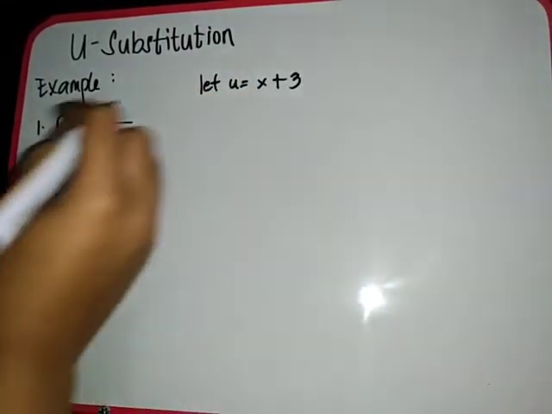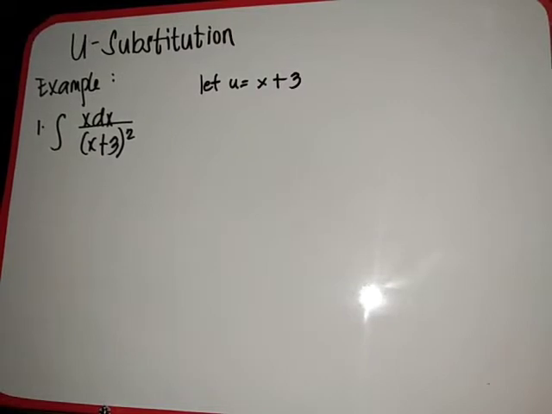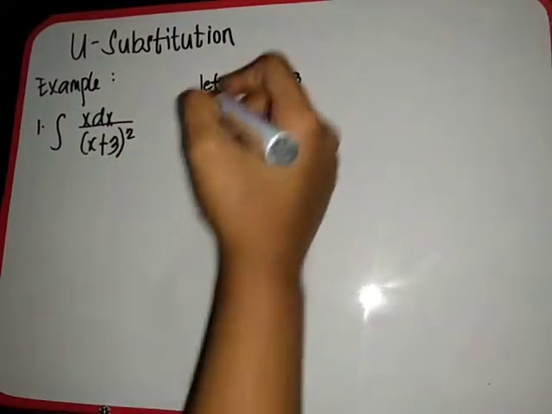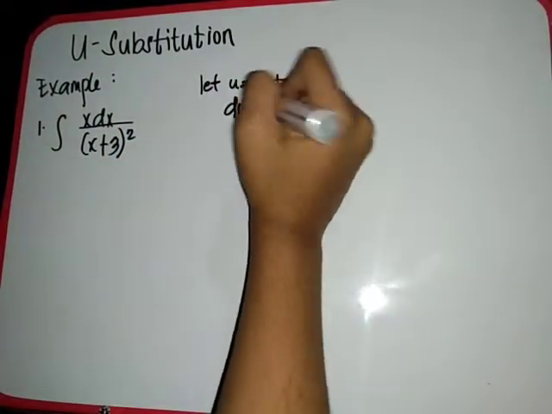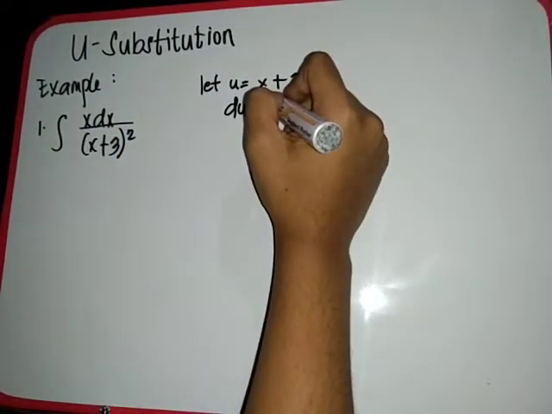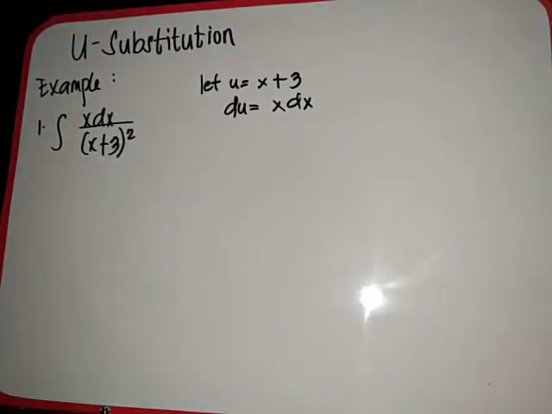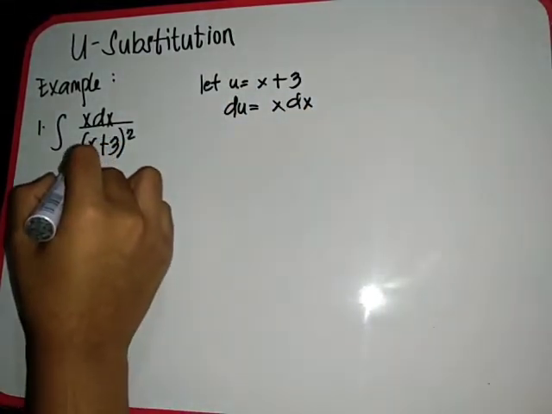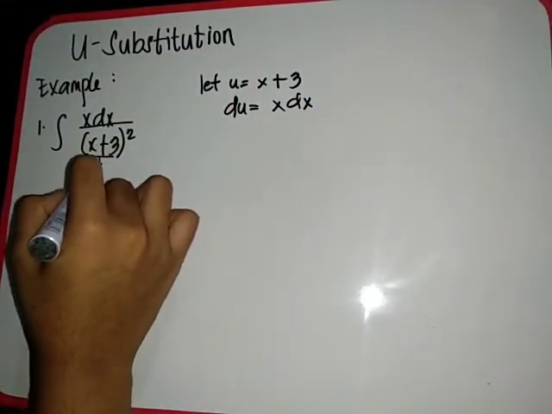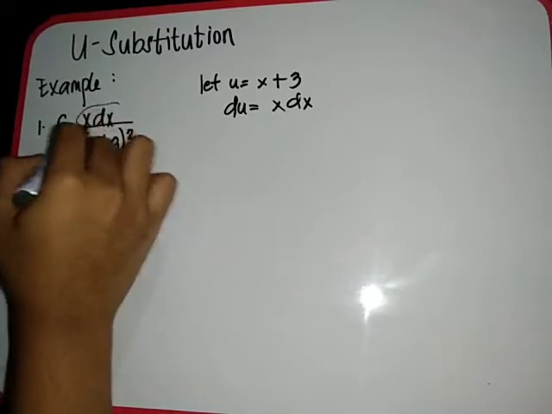Our u can be found inside the parentheses, or sometimes it can be found in the radical sign or the exponent. The next is our du, which is 2x dx. So this is our u and this is our du.